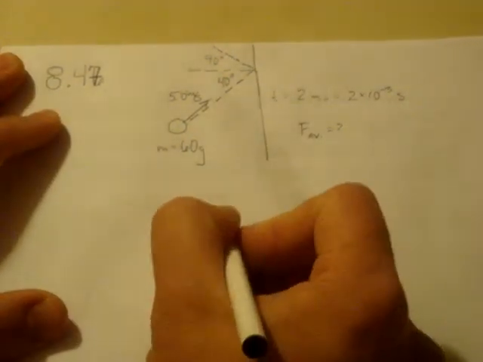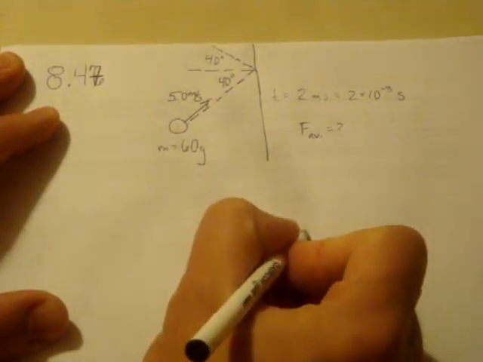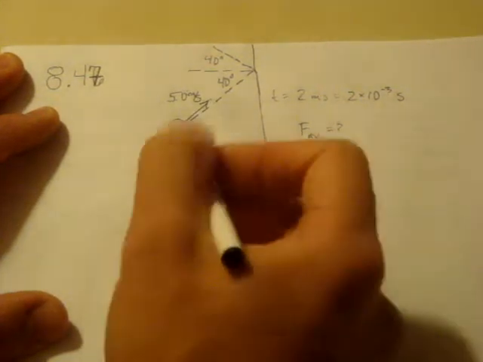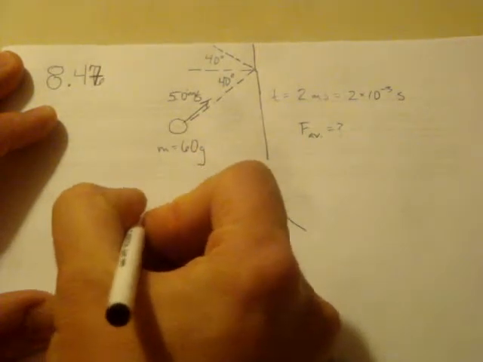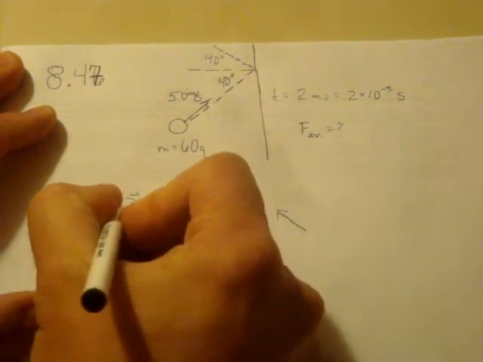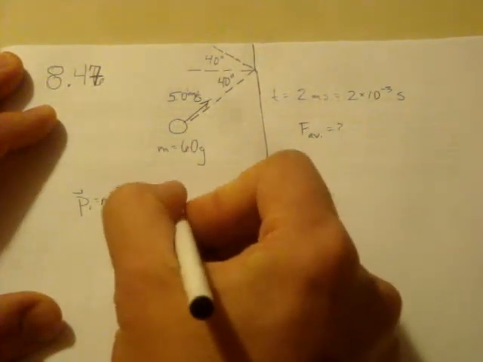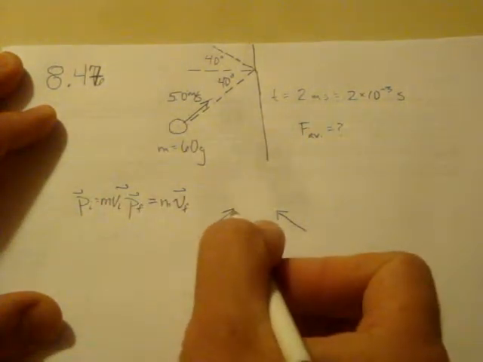The incoming velocity is in this direction, the outgoing velocity is in this direction. So the momentum is also in those same directions, because the initial momentum and the final momentum are simply in the same direction as the velocities, right? So we know that the momenta are initially into the wall at this 40 degrees and then away from the wall.